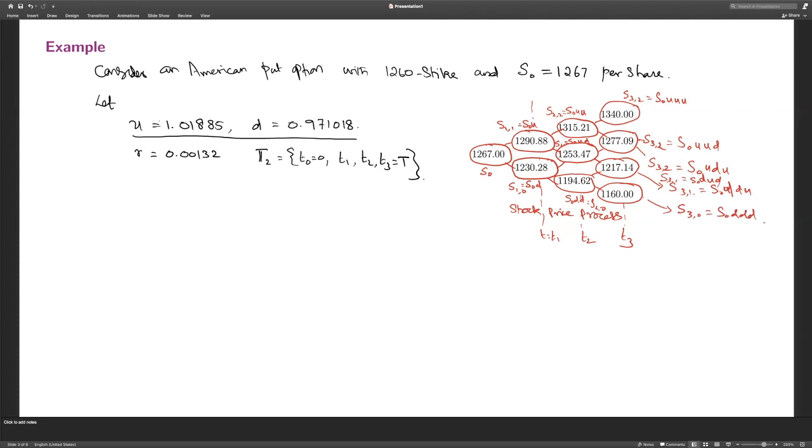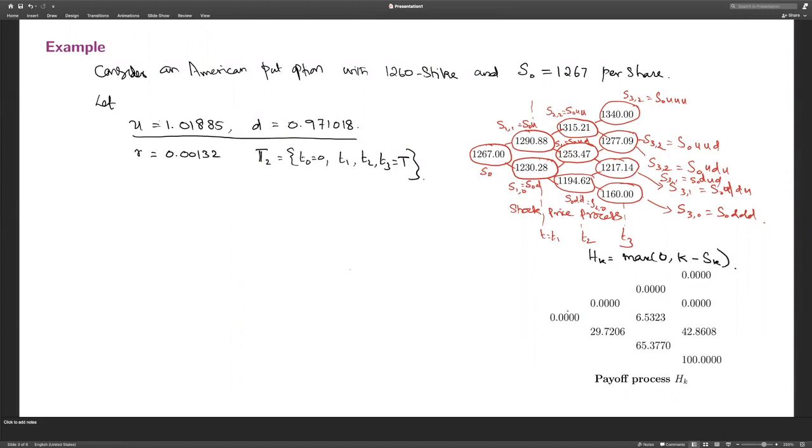And then we can also give the payoff process in the lattice diagram as, remember, HK is in this case maximum of 0 comma K minus SK, right? And this is your H0, because H0 is 1260 minus 1267, which is minus 7, therefore it becomes 0.